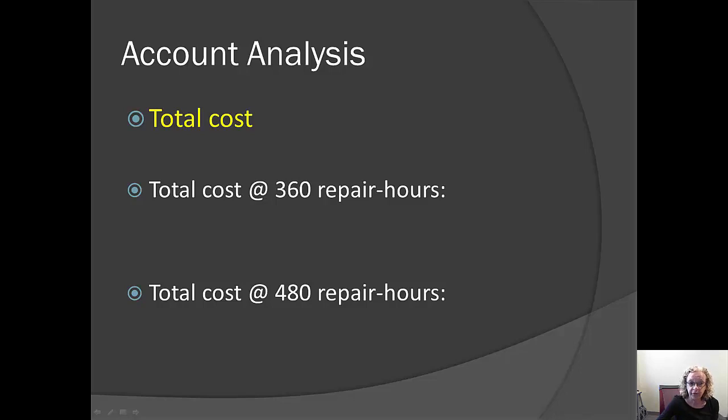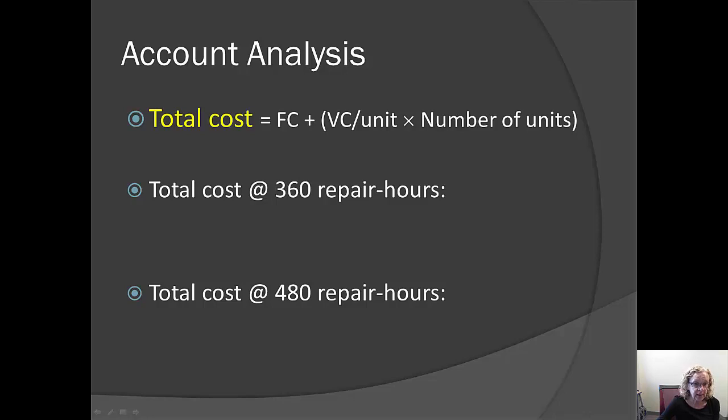So our formula is that our total cost is equal to the fixed cost plus the variable cost per unit times the number of units.